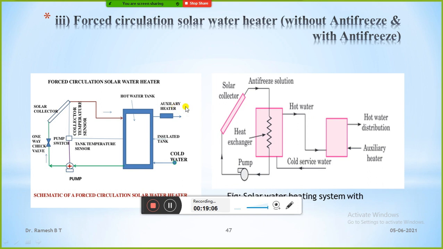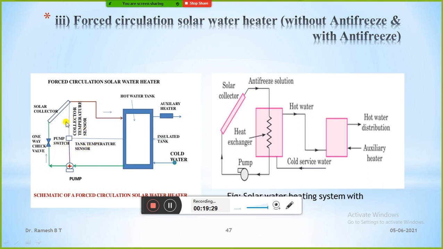So this is a typical forced circulation system. You just observe here, this is the tank and collector, always placed below, so for the supply of continuous water we use the pump. Here also we use a one-way check valve just to avoid the reversing of the process. And here we use a pump, a switch, and tank temperature sensors.